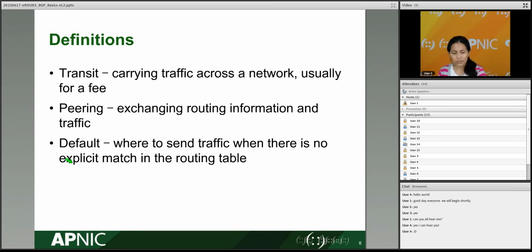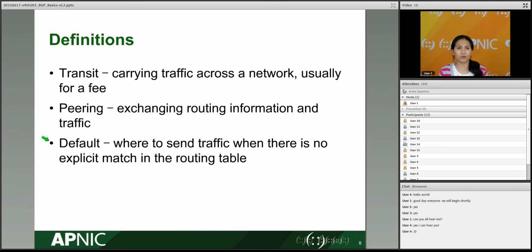And this last one here is default. Default is where you send the traffic when you don't specify an explicit match in the routing table. You may have default routes. Typically, your upstream provider is your default. Or if you have more than one, if you have two or three ISPs, you will set one to be the default route of all your commodity traffic.